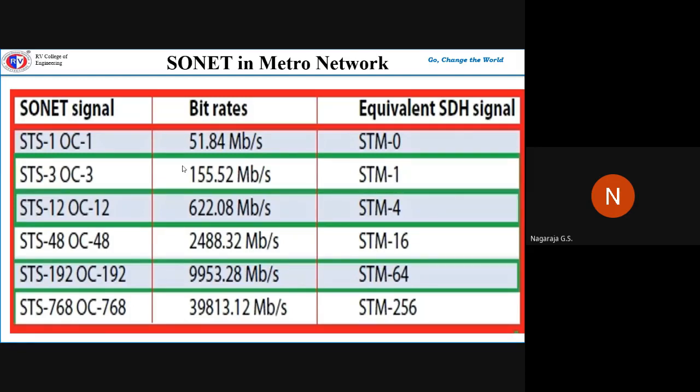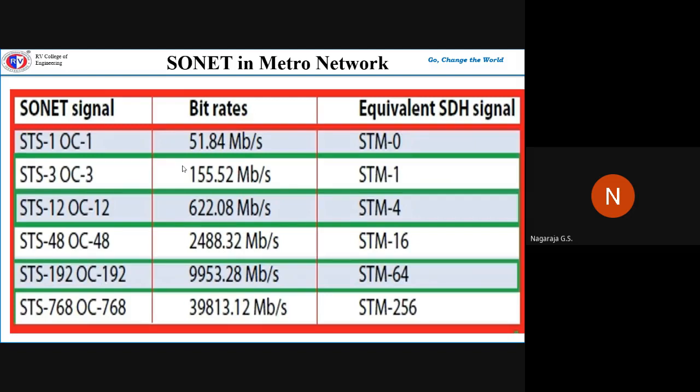You can also call a synchronous signal one an OC1 again. Then OC3 will be an STS3, in the sense that an optical cable can be identified with its equivalent Sonet signal and its equivalent SDH signal. Those things are specified in this particular slide.